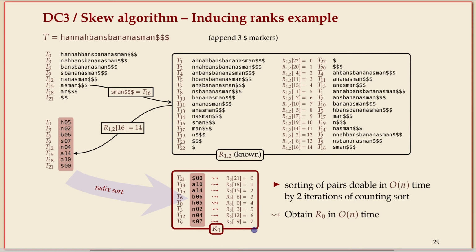These are the numbers 0 up to 7. So they only rank suffixes from within the same group. Okay? But that was what we wanted for the second step. We wanted to sort the third of suffixes that we did not recurse on using the information from the recursive step.